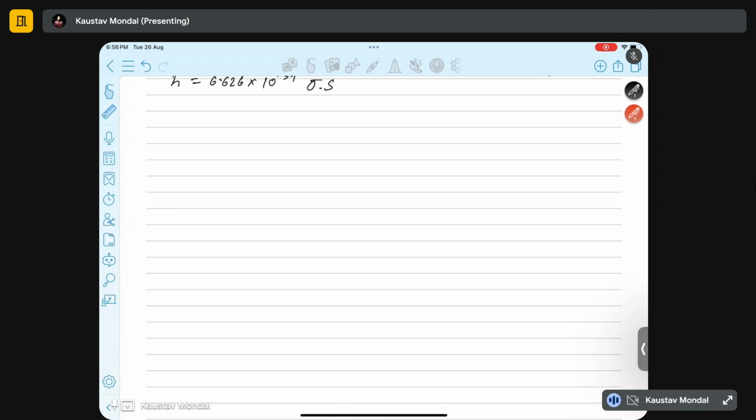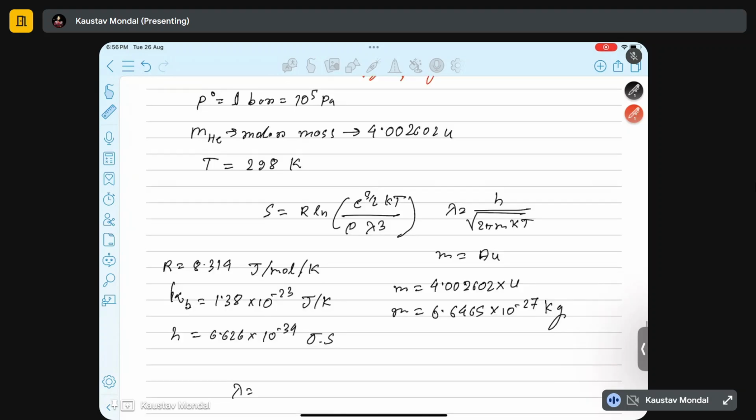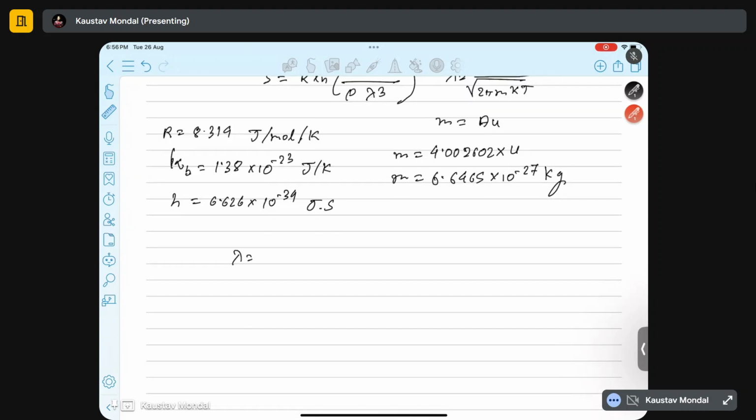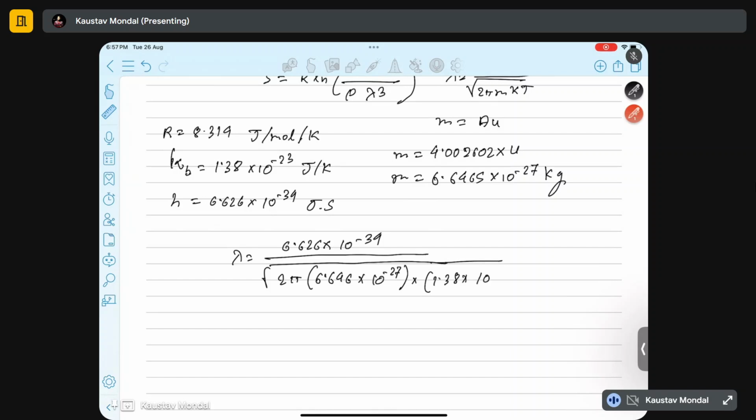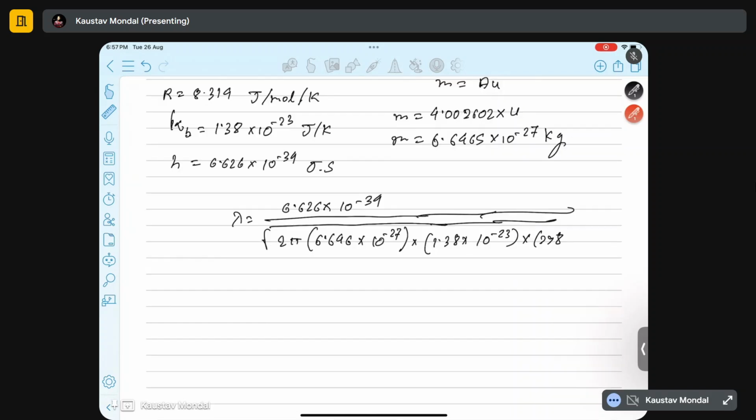So the thermal wavelength expression is h by square root of 2 pi m kT. h is the Planck's constant 6.626 into 10 to the power minus 34 by 2 pi into 6.6465 into 10 to the minus 27, the mass, into the Boltzmann constant 1.38 into 10 to the power minus 23 into 298. So now this is the lambda value.